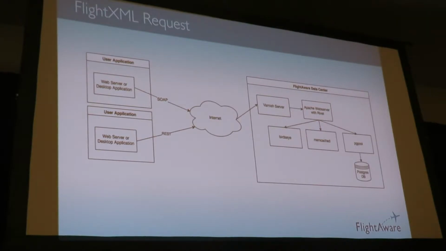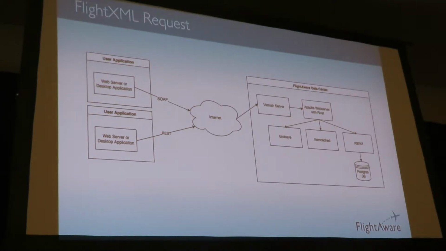Now, the general anatomy of our architecture or infrastructure at FlightAware. In front of all the web pages is a Varnish server that does a lot of the caching. In the case of FlightXML, we have an exclusion so that those requests are not cached.